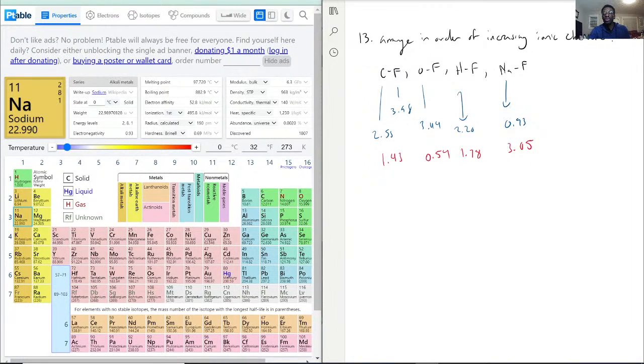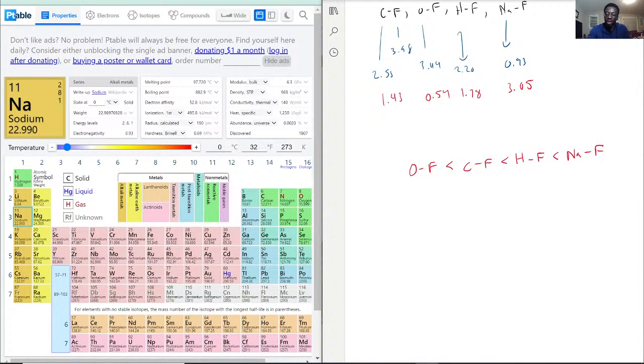To arrange in order of increasing ionic character, we just arrange in order of electronegativity difference. So we have OF less than CF, which is less than HF, which is less than NaF. And we can discuss what type of bonds they have. If you remember our bond range to tell us whether it's nonpolar covalent, it's 0 to 0.4.